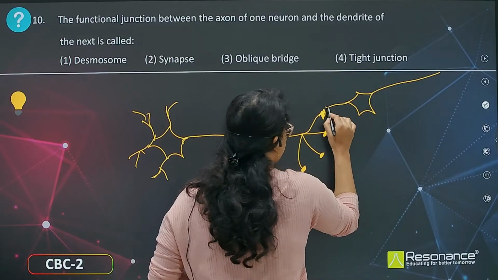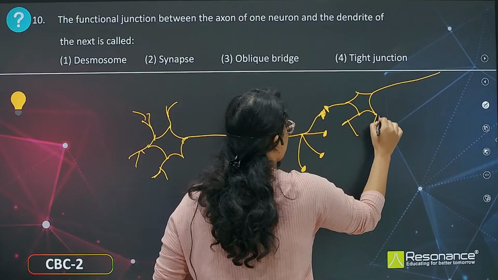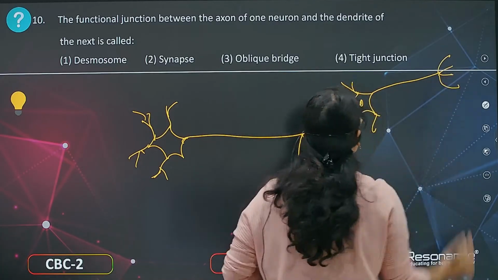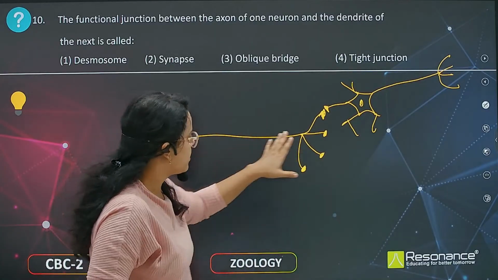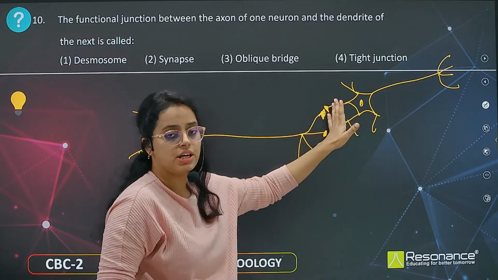The axon nerve ending of one neuron connects to the dendrite of the next, and again they have axon terminals.